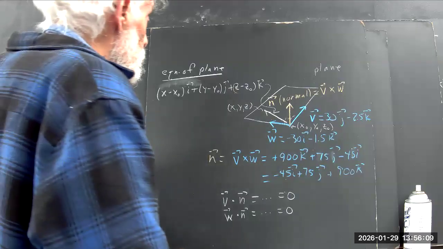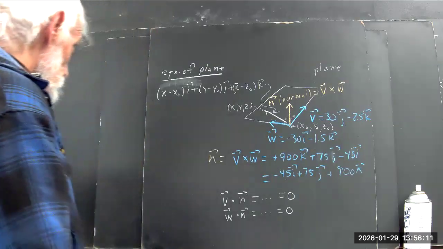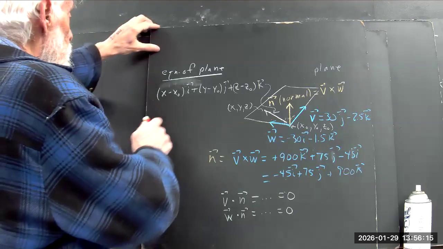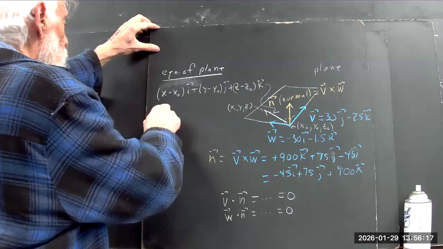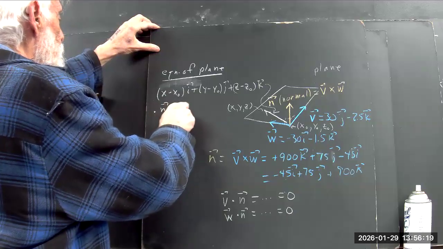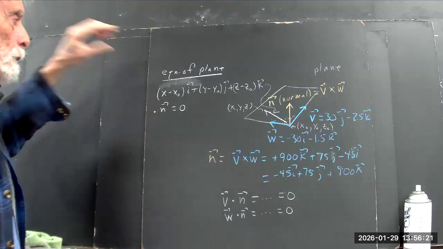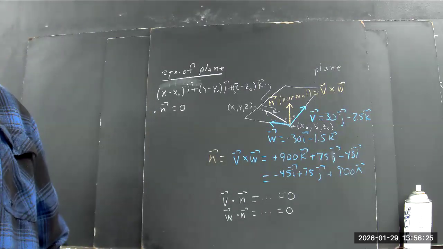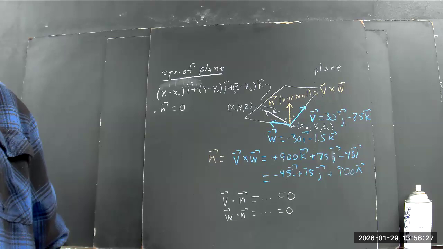You convince yourself of that, because I'm not going to give you a detailed geometric proof. I'd like to, but time doesn't permit. So this dotted with the normal vector equals zero. That's the condition for this thing to be on the plane.